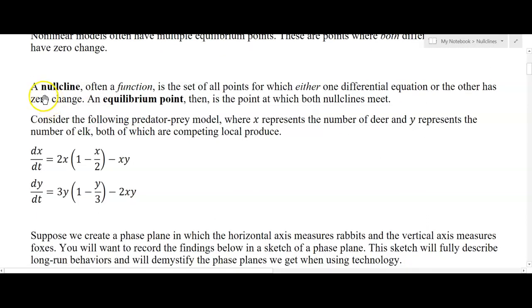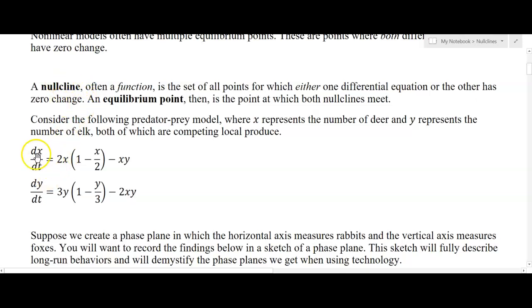Well, if you think about the word, null means zero. Cline is like incline or decline. A nullcline means something that has a zero slope. So it's often a function, and it's the set of all points for which either one differential equation or the other has zero change. So what's the difference between that and the equilibrium point?